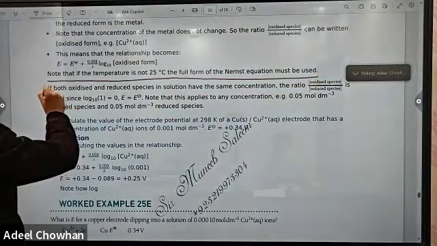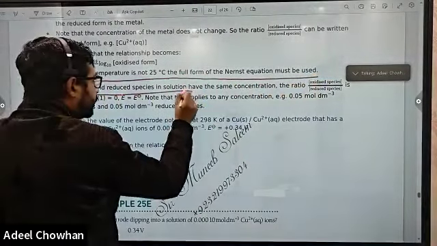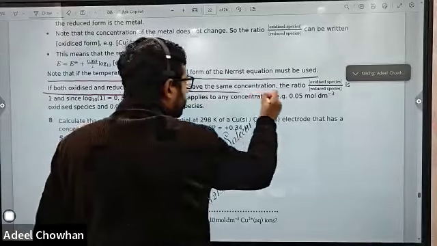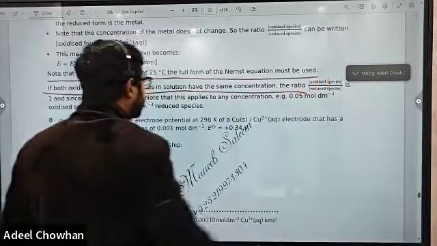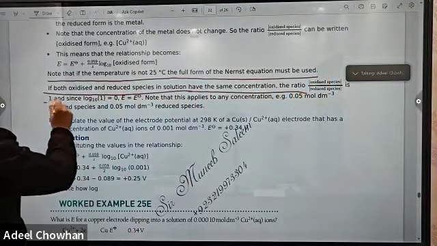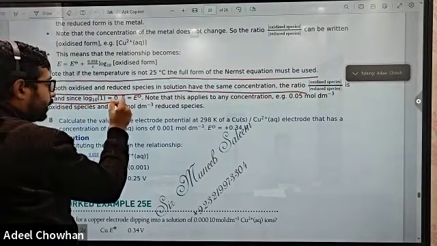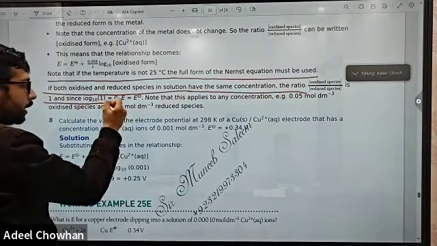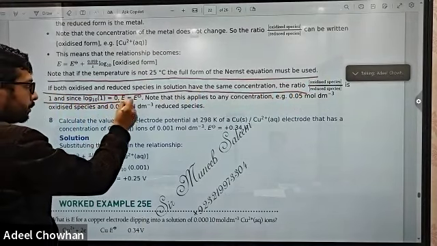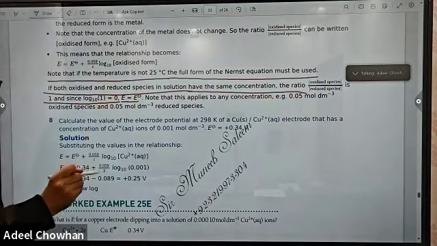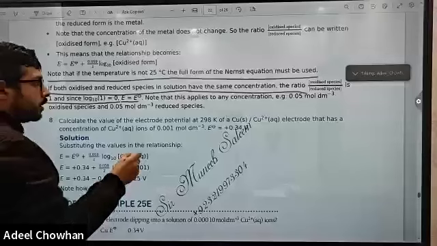If both the oxidized and reduced species in solution have the same concentration, then this ratio is 1. And since log of 1 is equal to 0, it means that the electrode potential value at non-standard condition will be equal to the electrode potential value at the standard condition.